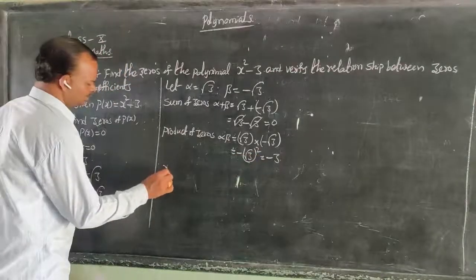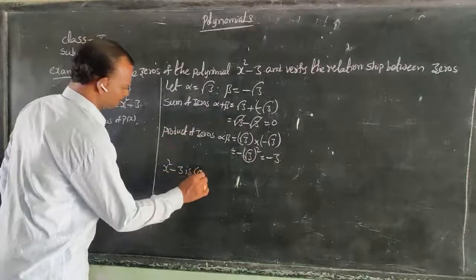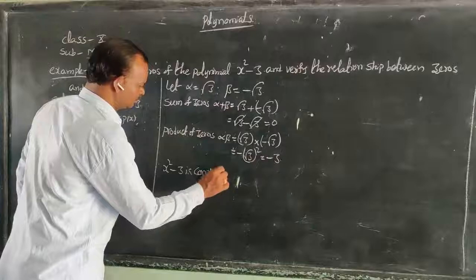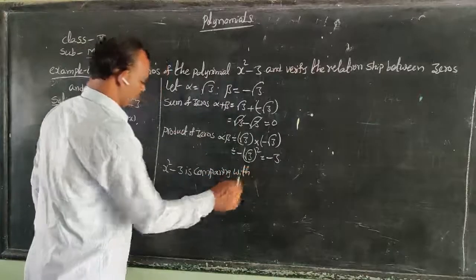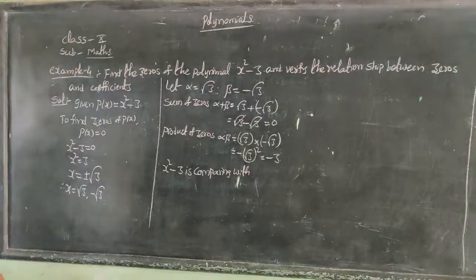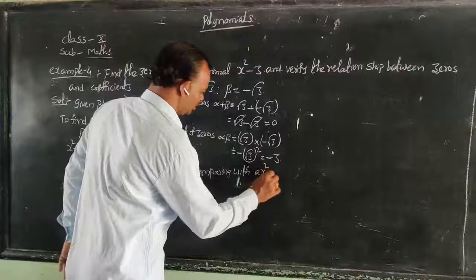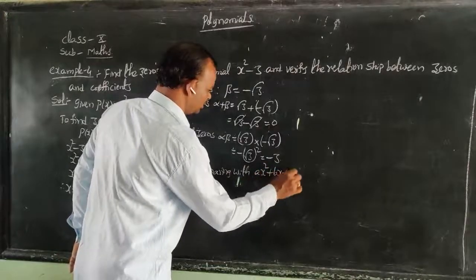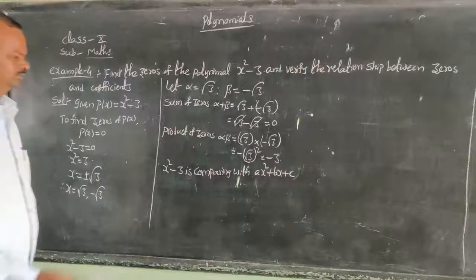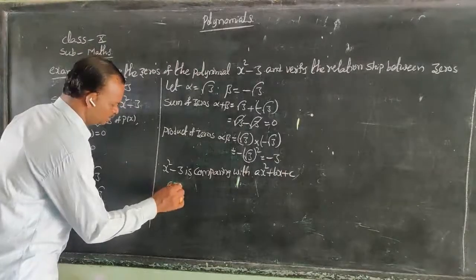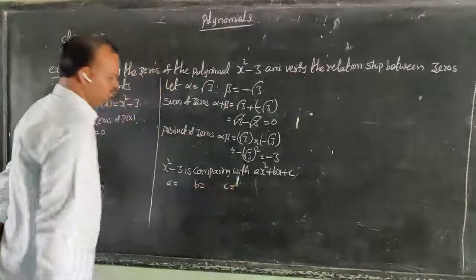And the given polynomial, that means x square minus 3, is compared with the quadratic polynomial ax square plus bx plus c. Then a, b and c are the coefficients.